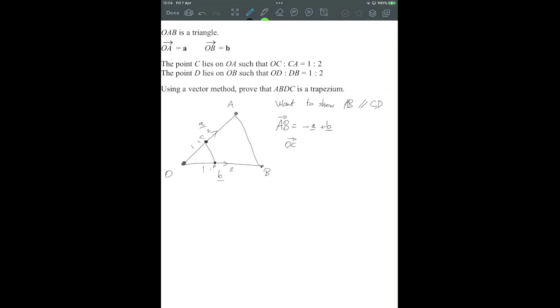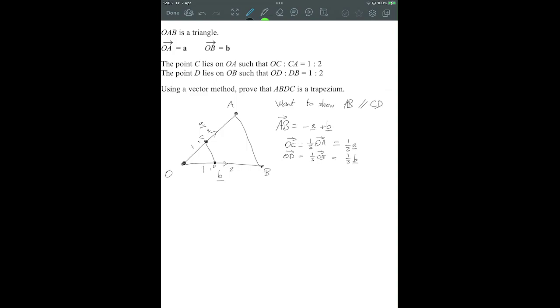Well, O to C is a third, because of the ratio, of O to A. It's 1 part out of the total 3 parts. Well, that means it's just a third little a. OD, well, that's exactly the same ratio. It's a third of OB, so that's a third of B.